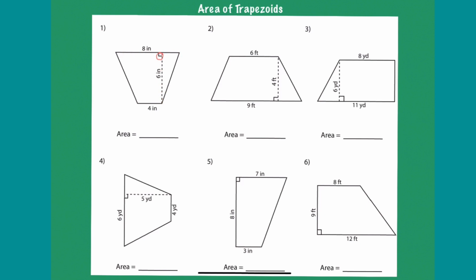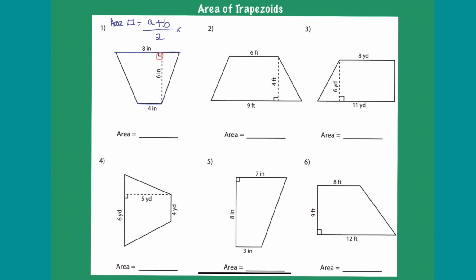So the formula to find the area of a trapezoid is: you have the top, which is A. Then the base is usually B. And then you divide that by 2.